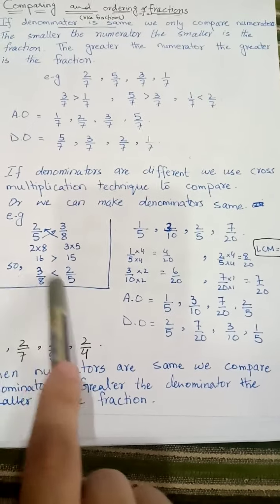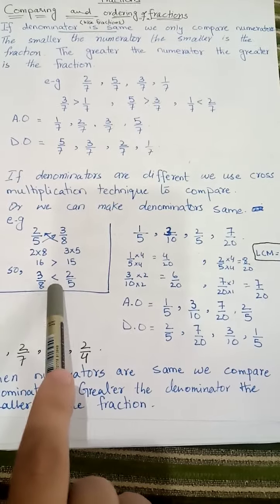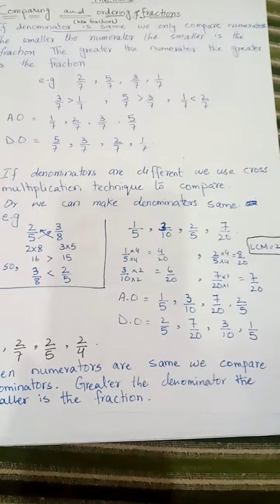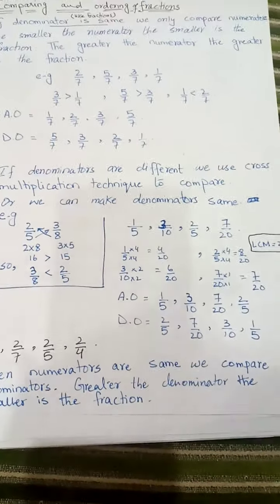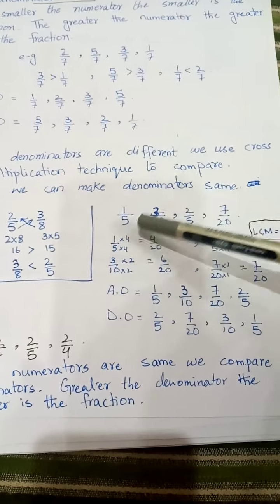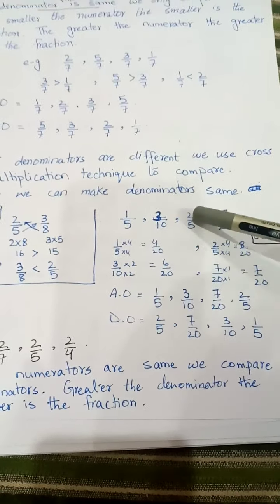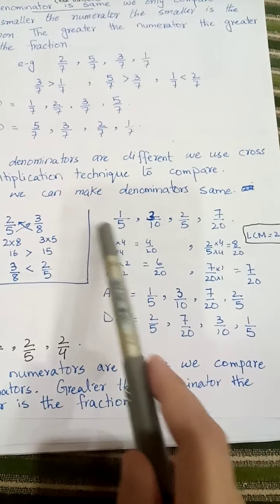So we can say 3/8 is less than 2/5, or 2/5 is greater than 3/8. Both are the same.